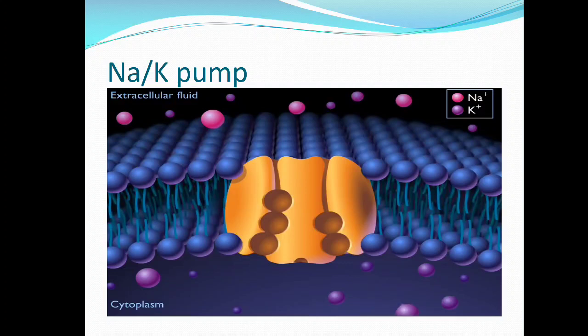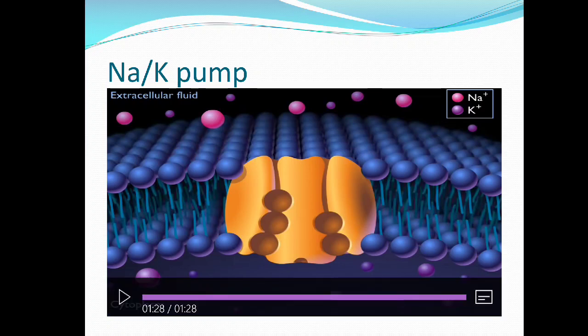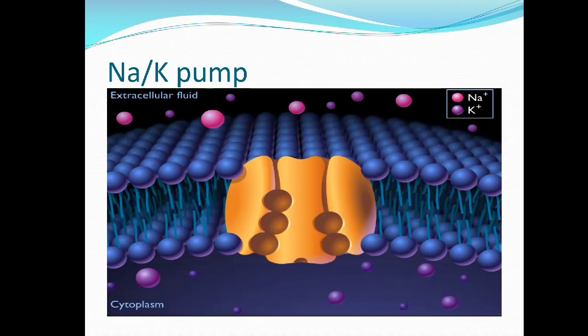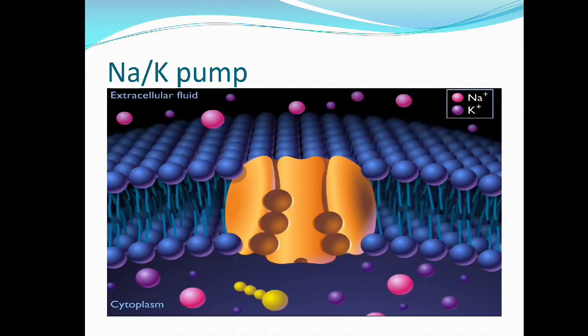And you can observe now the protein regains its shape. After this functioning, the protein regains its shape, and this process is repeated again and again. Okay, so this video almost gives the mechanism of the sodium potassium pump.